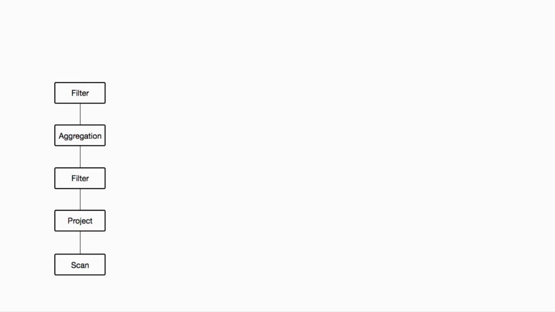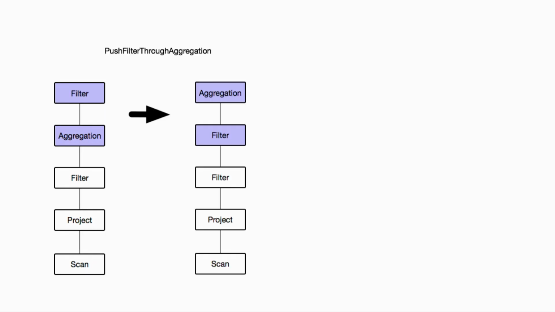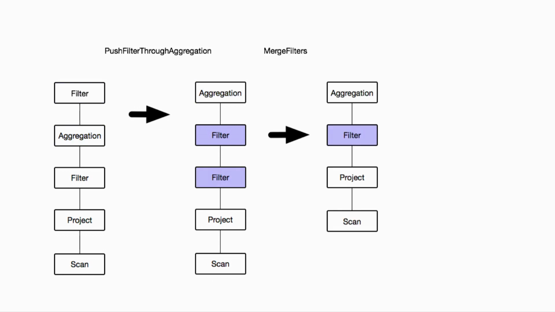And so to give you an example, for the same plan, what would happen in this case is we would have one rule that says push filter through aggregation. It would just do that transformation from filter over aggregation to aggregation over filter. Then the optimizer that is considering the rules and walking the tree says, okay, I match some other pattern, in this case filter over filter, for the merge filters rule, and then applies that and produces a merged filter.